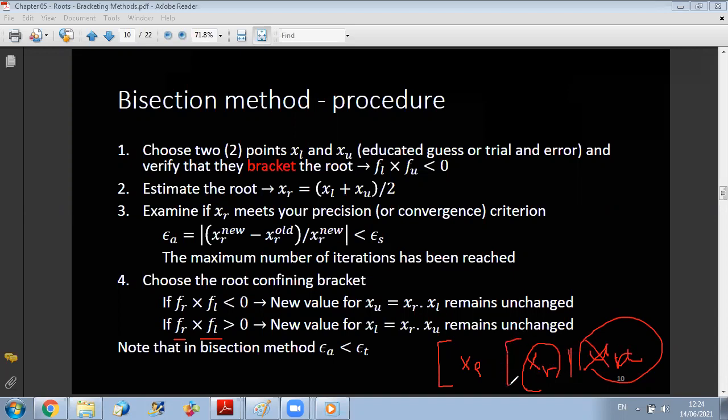So my new interval in this case will be xr, which I calculated, with x upper. So now in my new bracket, x lower will become xr, while x upper will remain the same. Okay? And I will repeat this procedure until the criterion is satisfied.